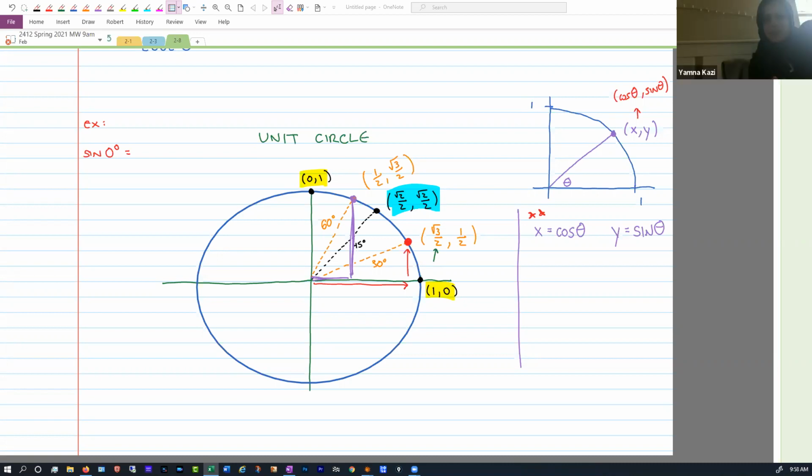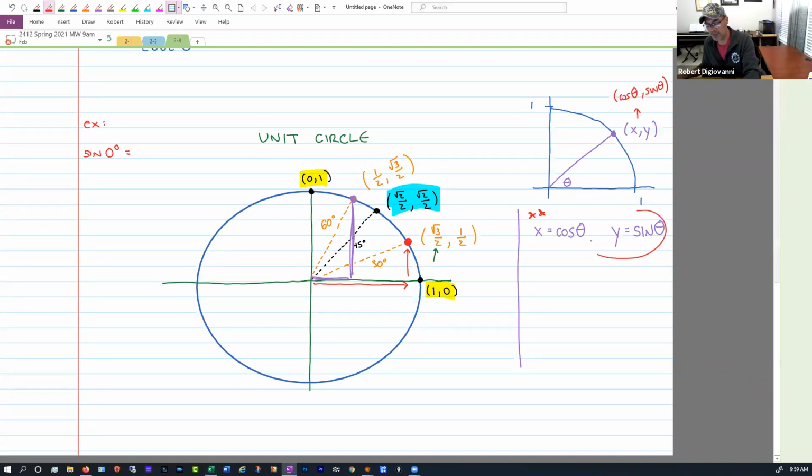I looked at the unit circle. Okay, so you're looking at the unit circle. You're looking at 0 degrees, which is here, right? Mm-hmm. And you're giving me which coordinate, the X or the Y? I guess Y. You're doing the Y. And why are we doing Y, everyone? Because Y is sine of the angle, okay?